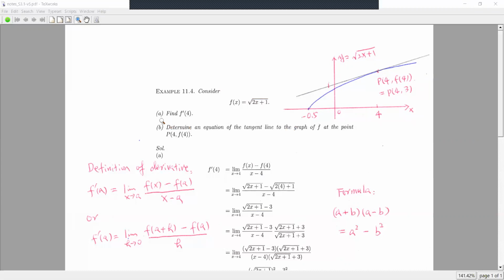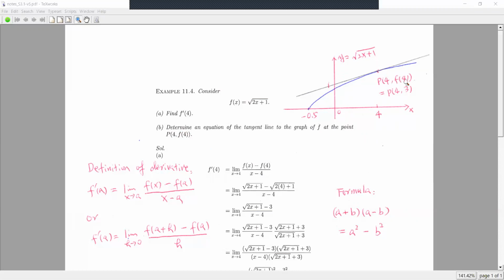Now, part A. Find the derivative of the function at 4. B. Determine an equation of the tangent line to the graph of the function at point P. Point P, the x coordinate is 4. Because the y coordinate is the function value at 4, point P is on the graph of the function.